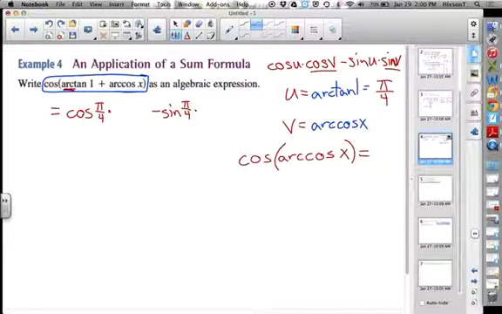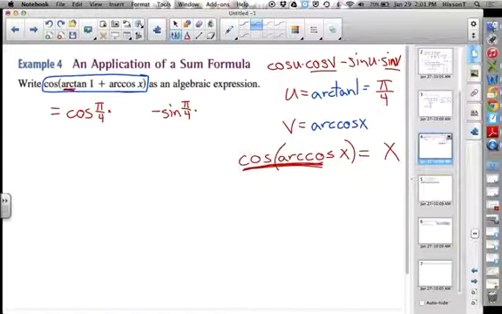So I have the cosine of arccosine of x. It's x. Why? Because these are inverse functions. If I do the cosine of an arccosine, those are just going to undo each other.